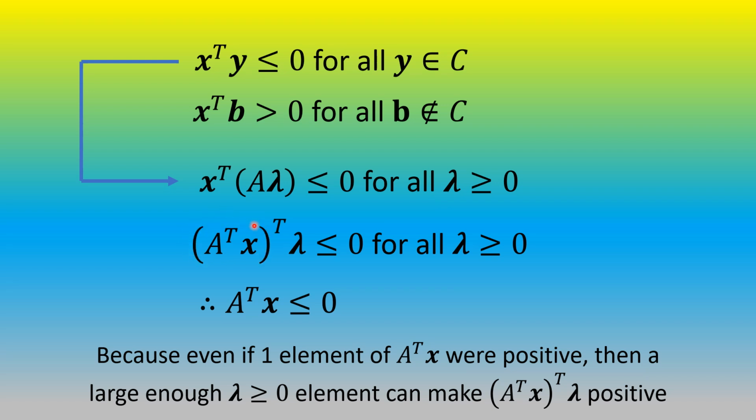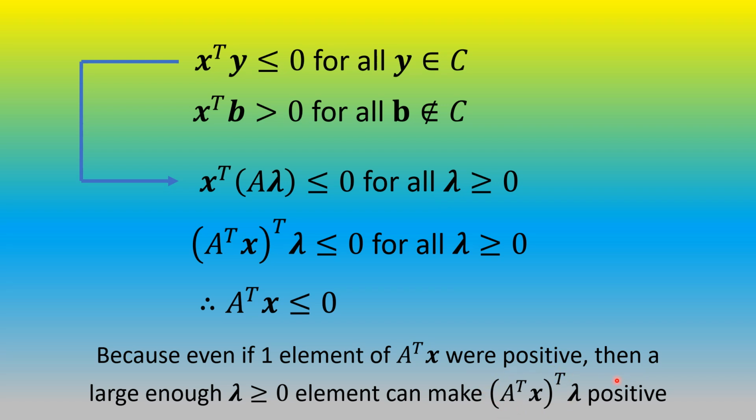Well, you can imagine that if one element of that vector A transpose x were positive, then a large enough lambda can make this whole expression positive.